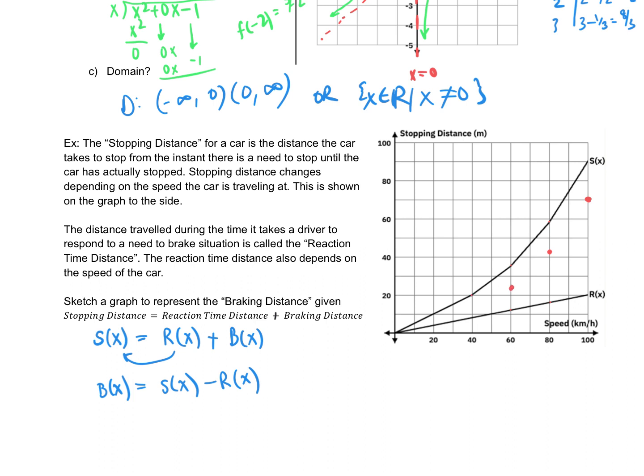Then we have 20 minus maybe 8, so 12. Then we have 10 minus 4 maybe, so 6, and 0 with 0. And then we can roughly graph that. This portion does look a little linear. And there we are. There's our braking distance.